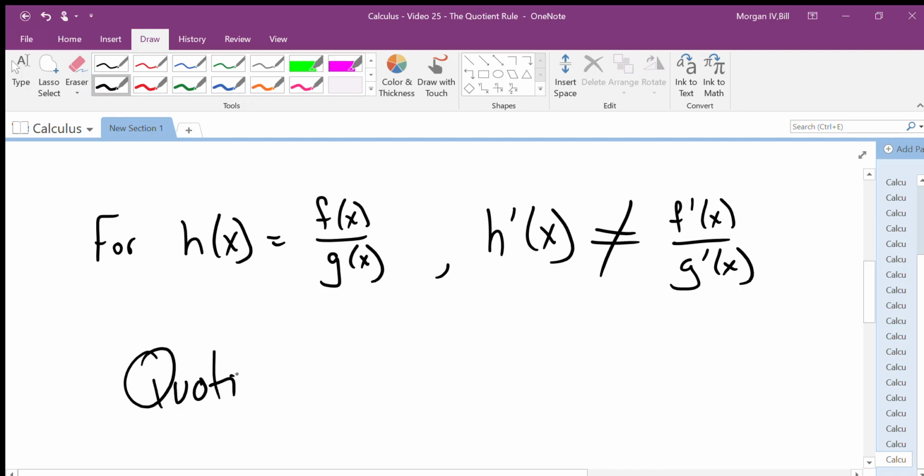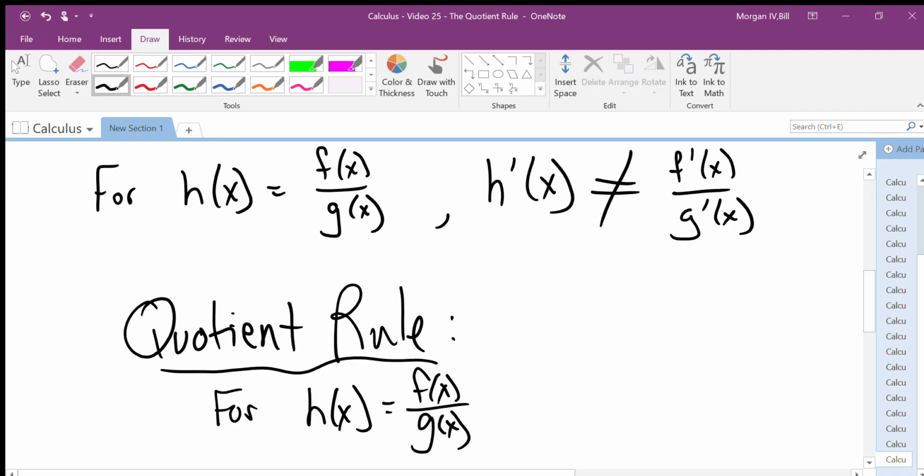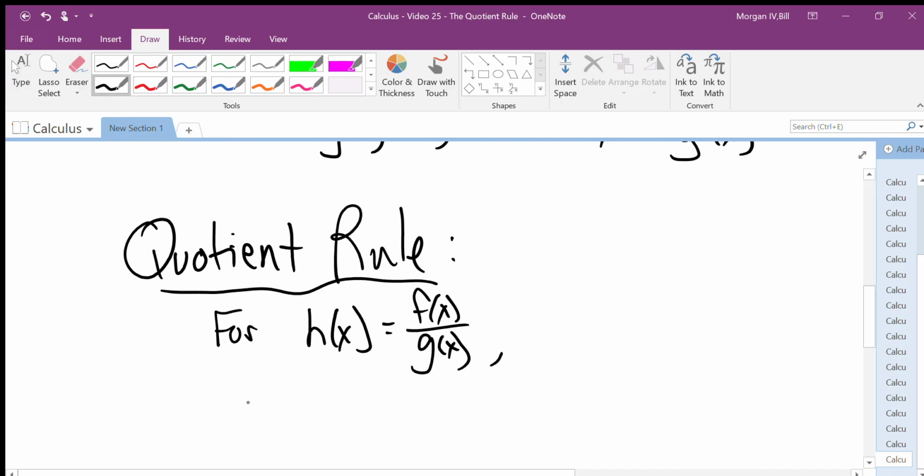So, quotient rule. For h of x equaling f of x over g of x, h prime of x is equal to, it's a lot like the product rule.